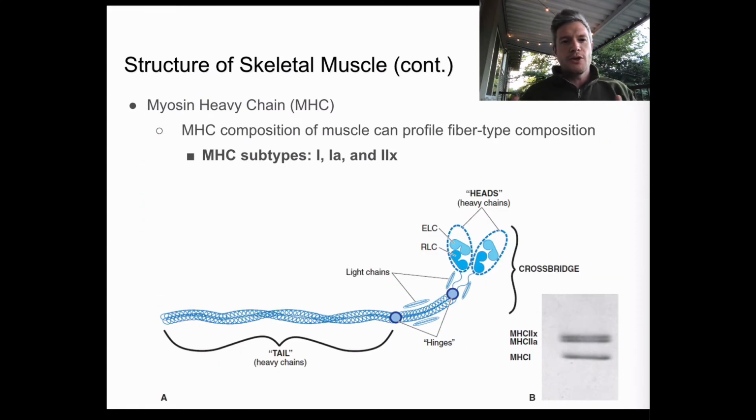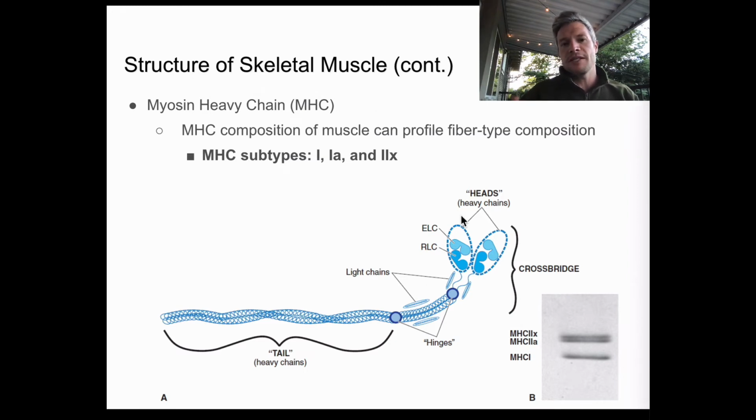One of the newer approaches to identifying muscle fiber types is through looking at the myosin heavy chain. If you recall, myosin is the thick filaments in our sarcomeres.